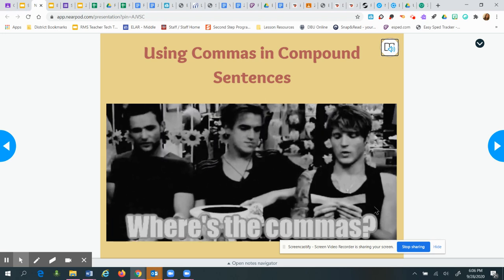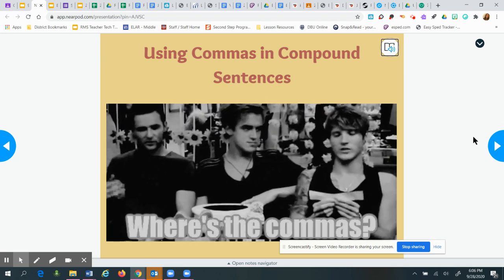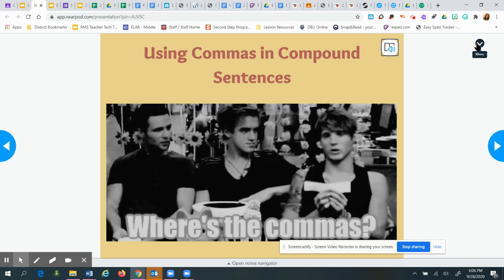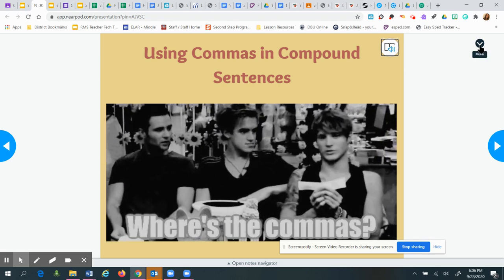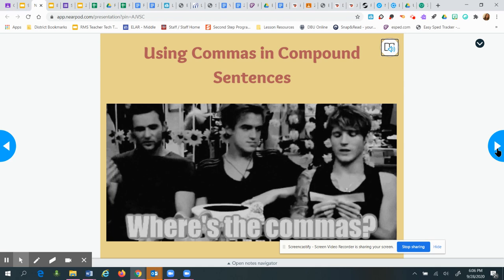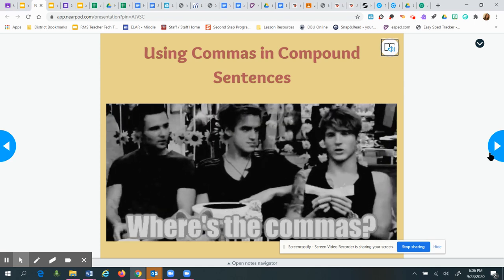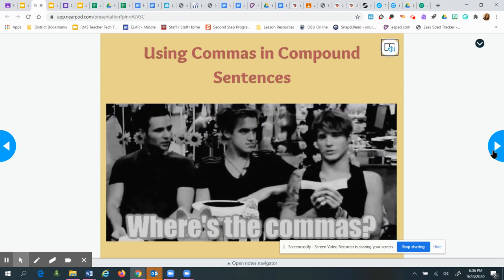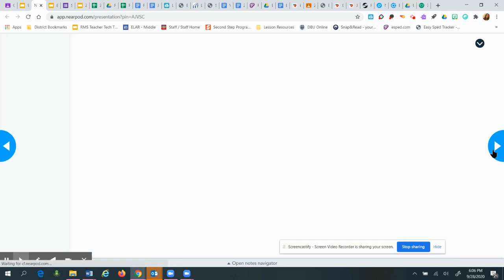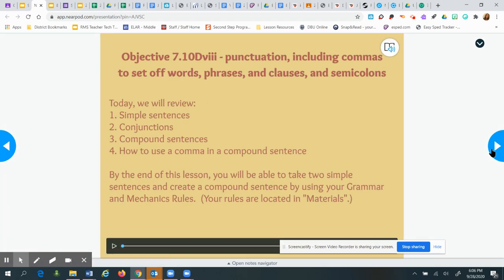You're just going to go through the lesson. So it's using commas in a compound sentence. I'm going to click the next button. The objective today is 7.10 D.VIII, and it's punctuation, including commas, to set off words, phrases, and clauses, and semicolons.